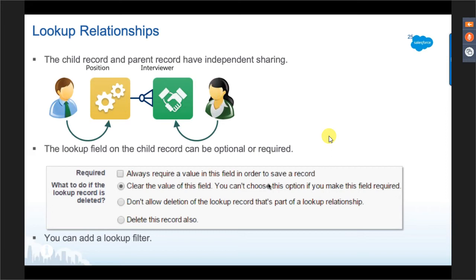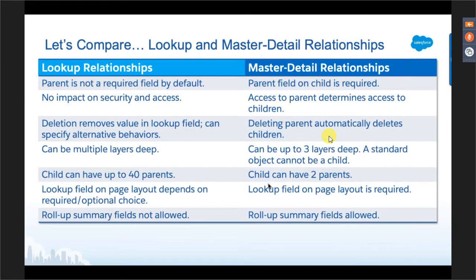Now, lookups give you the most flexibility, and in comparing the two, there are some other nuances we should all pay attention to. Ones that we've already talked about have to do with security, access, and ownership. So we know that the field is required or not required depending on the master detail or lookup.